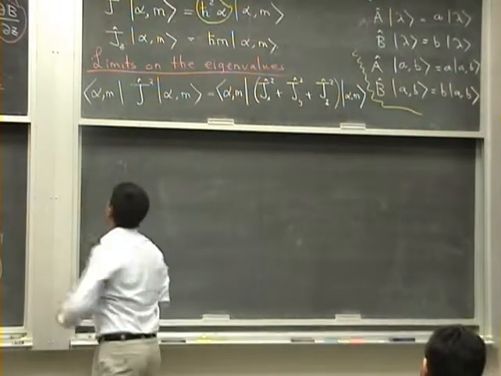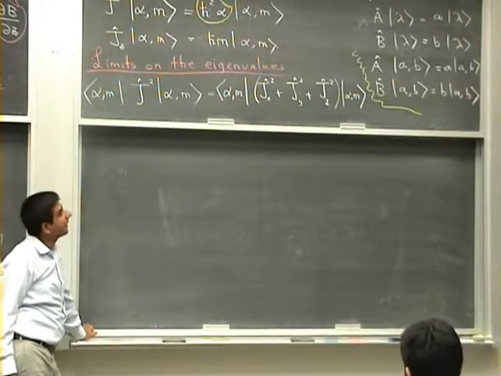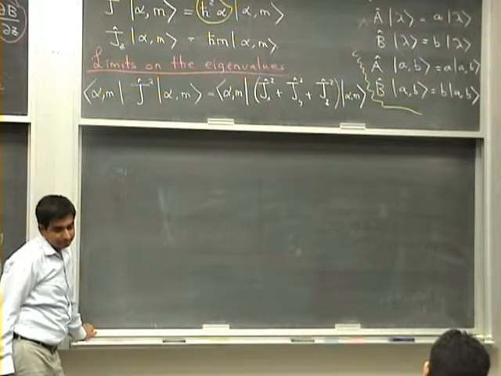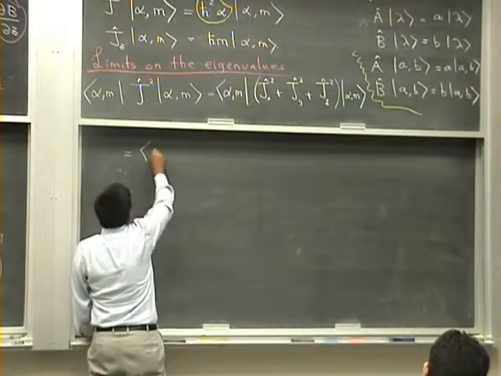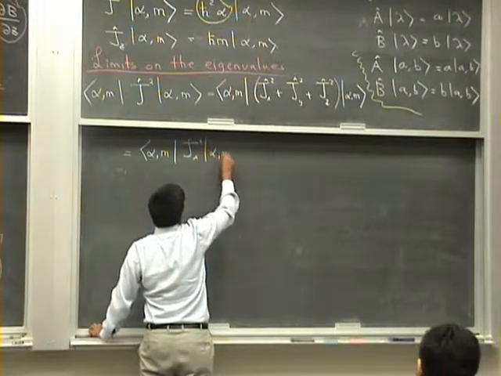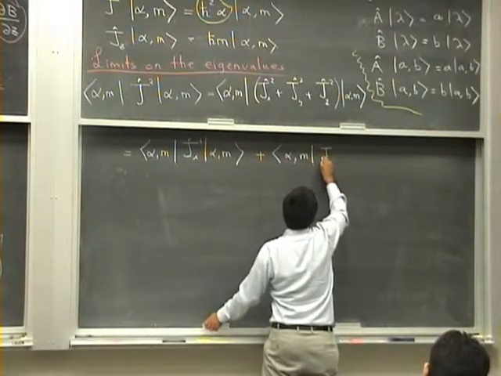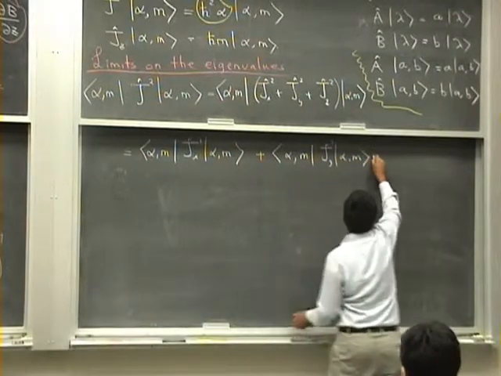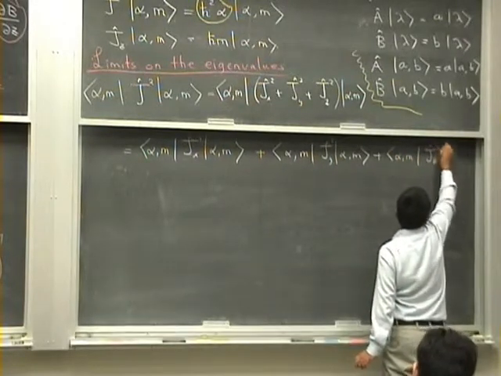Now if you look at the left hand side, J square, alpha m. Okay. Now this is equal to alpha m, Jx mod square, alpha m, plus alpha m, Jy mod square, alpha m, plus alpha m, Jz hat square, alpha m.